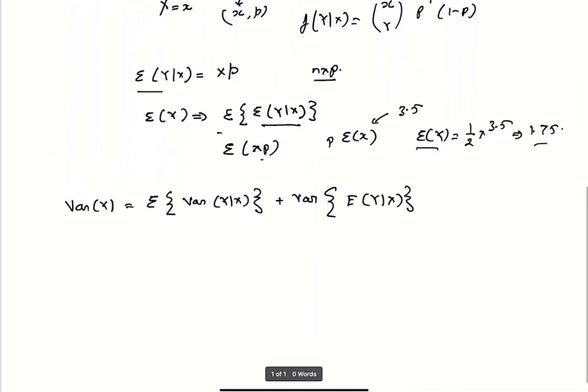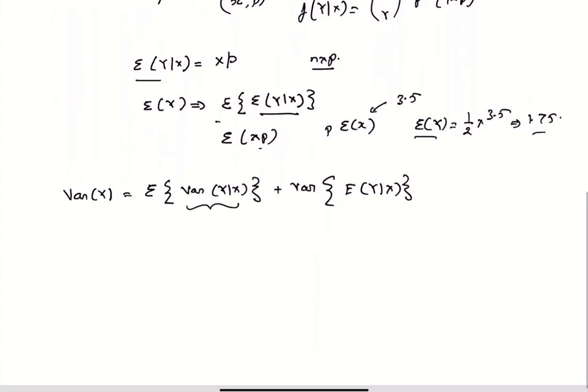Now the variance of y given x is again a binomial formula, so that's going to be xp(1 minus p), because the variance of a binomial distribution is np(1 minus p).